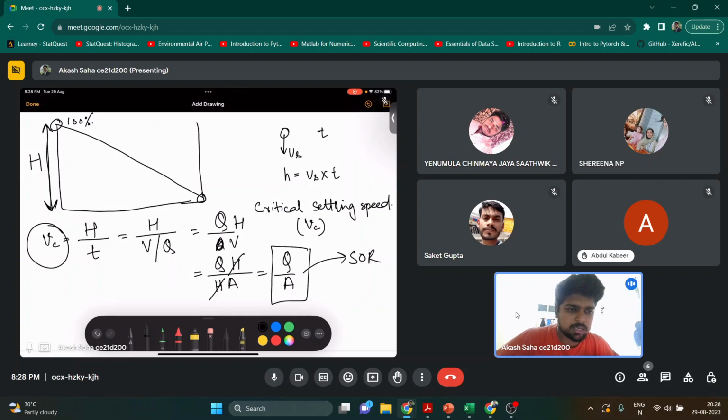So for any particle for which I have defined the size that it should be removed 100%, that critical velocity should be equal to my surface overflow rate. Any particle of size greater than this critical particle will be removed 100%, and any particle which is smaller will be removed in the ratio of h by H, small h by capital H.